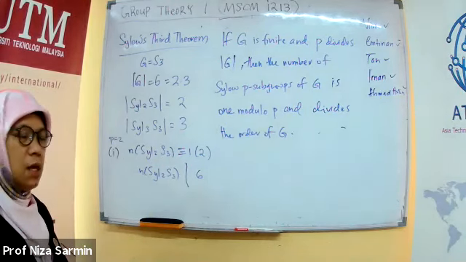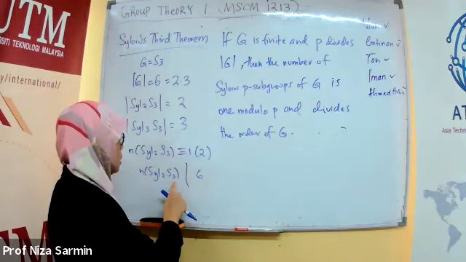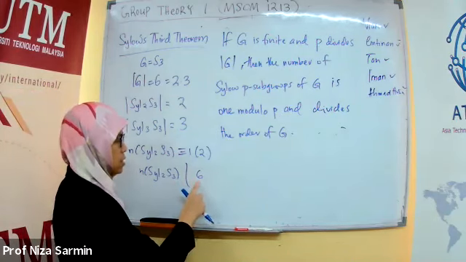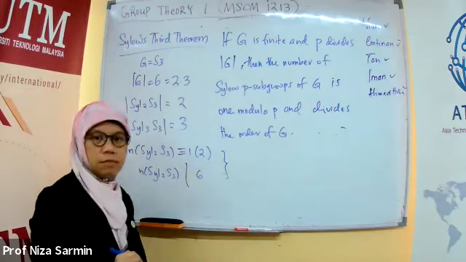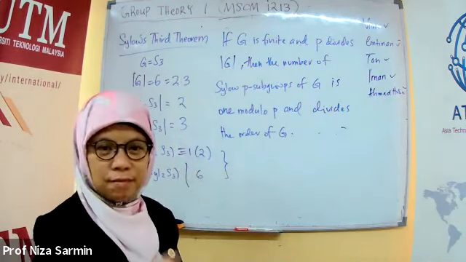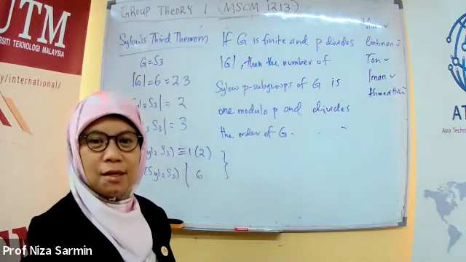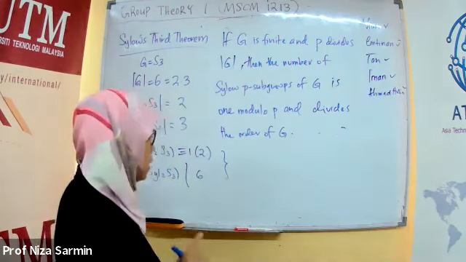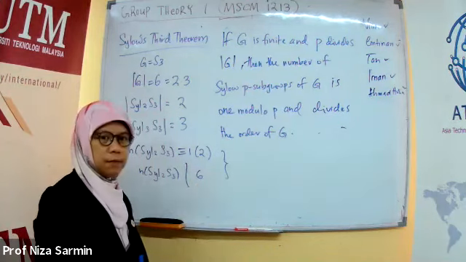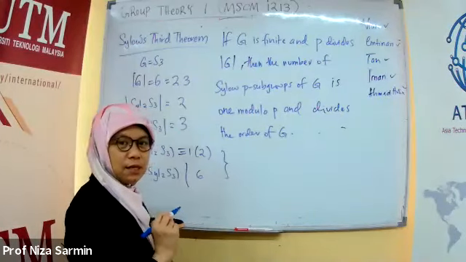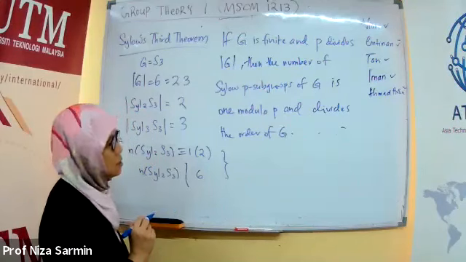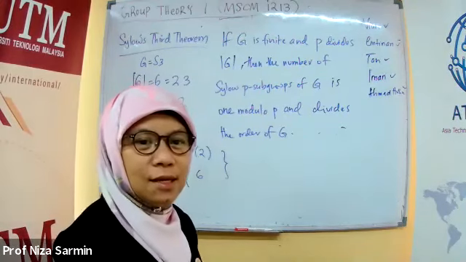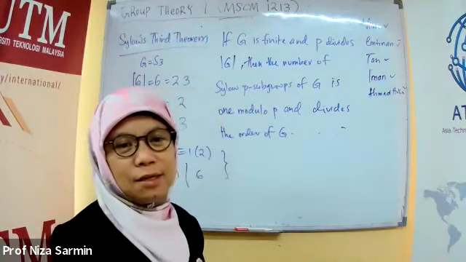Can you give me the number that divides 6? What are factors of 6? Who wants to volunteer? We are still with Ahmad. Ahmad, what are factors of 6? You know factors? What divides 6?